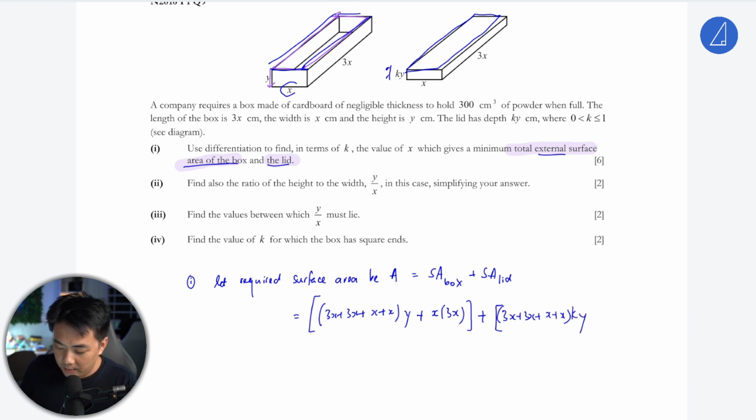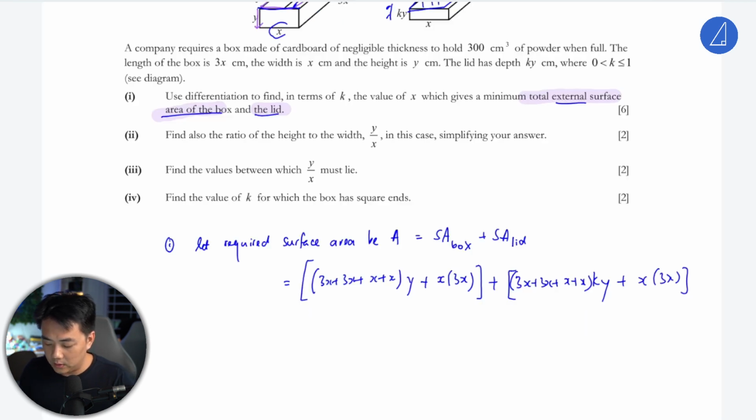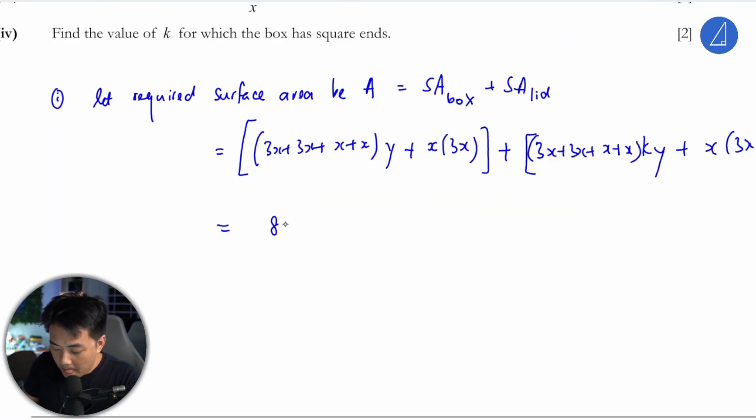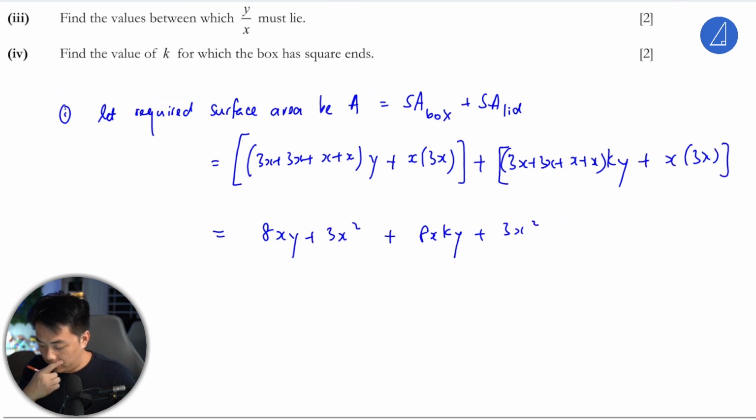Then after which I'm going to add the top area of the rectangle, which is similarly x multiplied by 3x. So that's it. So I'm going to simplify this. This will be 8xy plus 3x squared plus 8xky plus 3x squared.